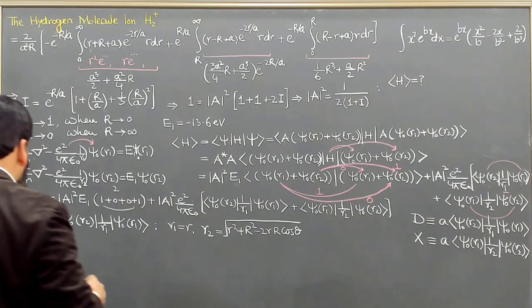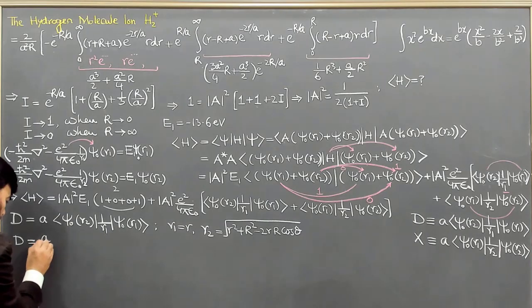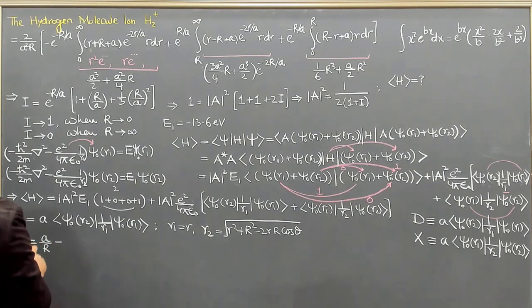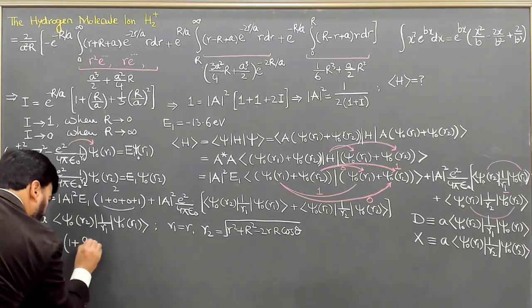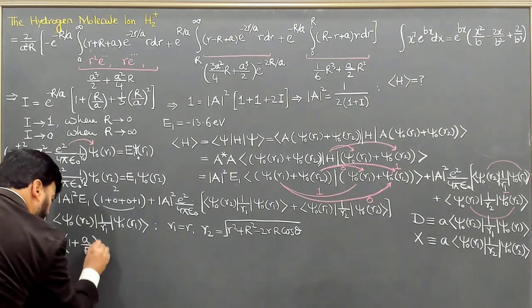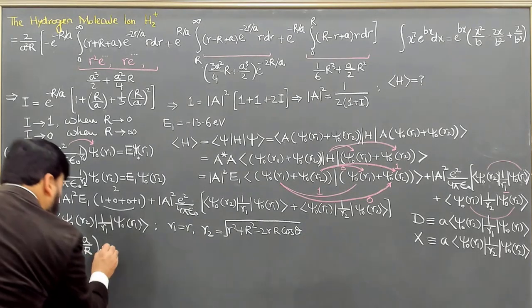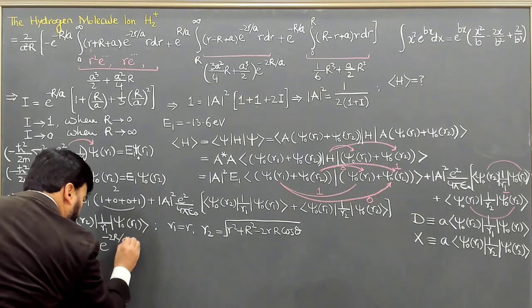We will come to know that d comes out to be a over r, minus 1 plus a over r, and e to the power minus 2r over a.